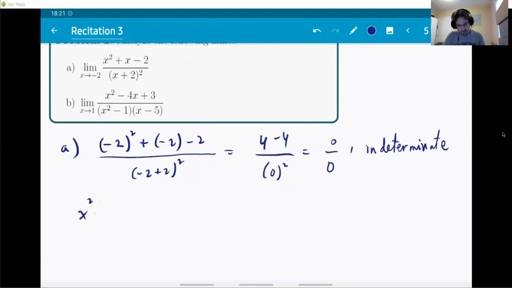And simplification here is an easy matter. The easiest type of function that you can find to simplify is functions with a polynomial over polynomial. How do we simplify this? We factor. Try to factor this quadratic in the numerator. So you're looking for two numbers with a sum of 1 and a product of -2. That's going to be 2 and -1.